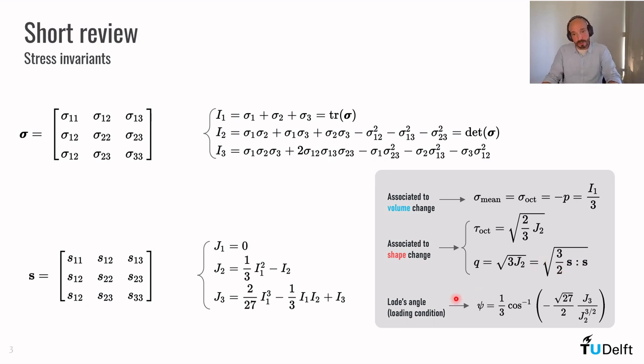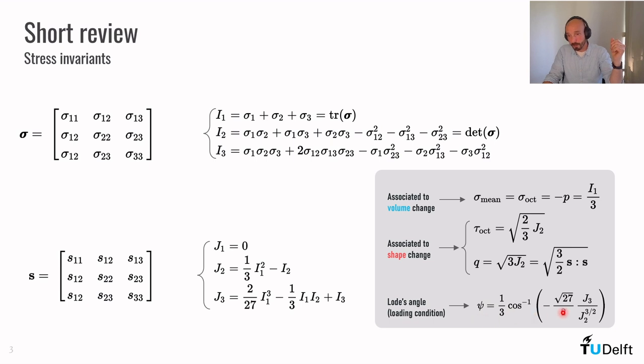We also have the load angle. The load angle is related to the loading condition. For example, if we have a tensile loading condition, the load angle will be of a certain value. If we have compressive, or hydrostatic condition, the angle will have a different value.